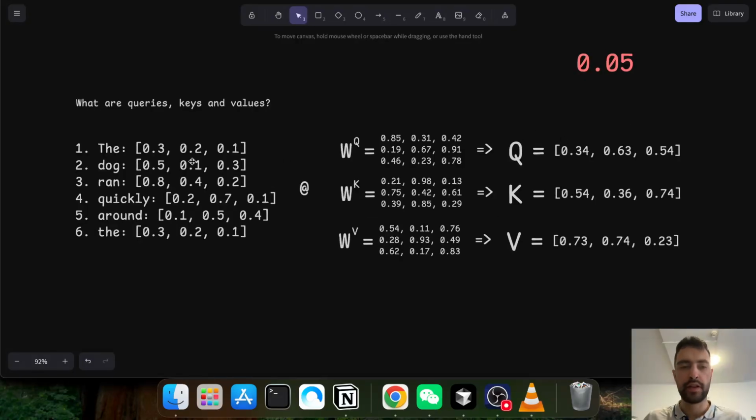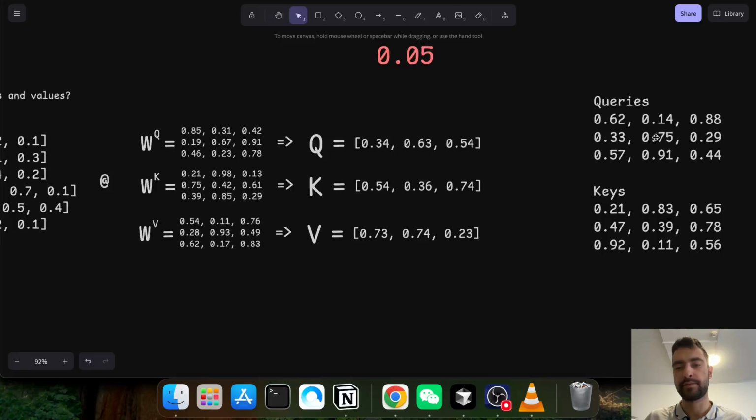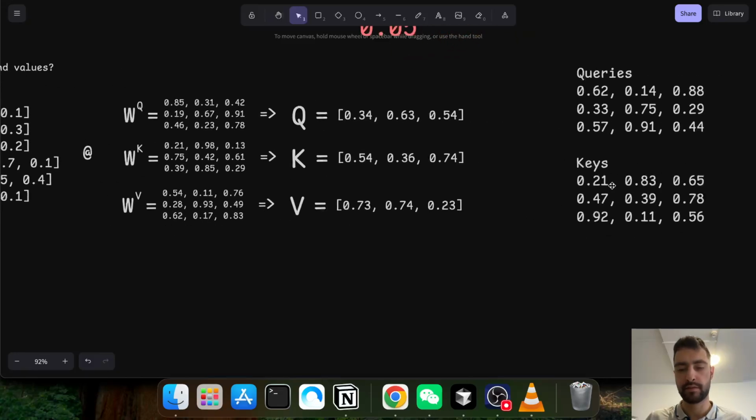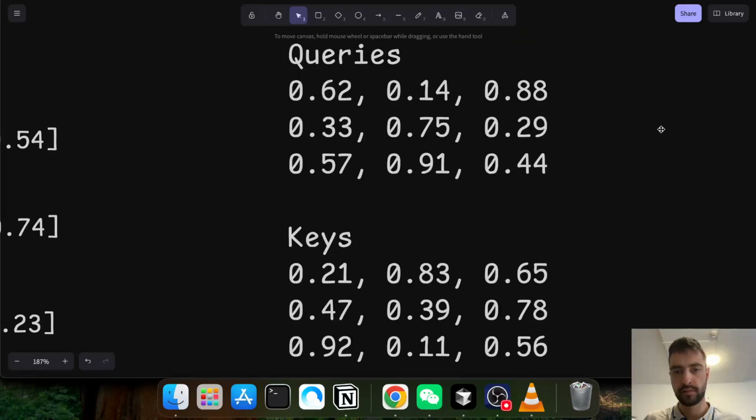First, we would usually take this whole matrix of all of the tokens, multiply with the query matrix, and we would get a matrix of queries like this, and we will get a matrix of keys by multiplying all of the tokens with the key projection matrix.